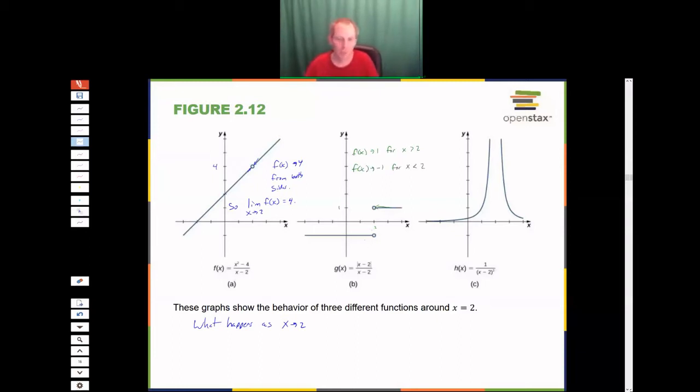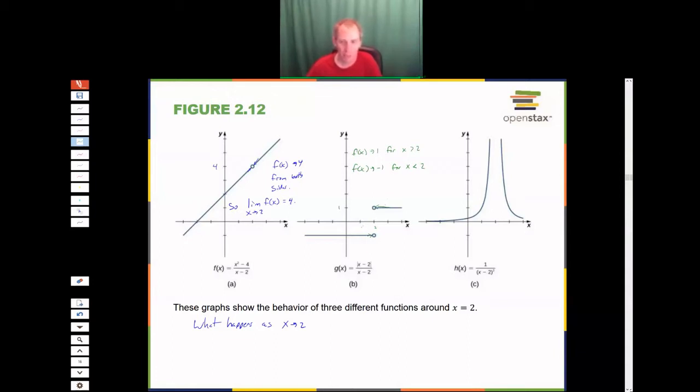Okay, so we say, well, that's a different situation. I can't say that my y values are getting closer and closer to 1 as x gets close to 2, because that's not really true, right? That's only true if I am very careful about my x values always being bigger than 2. So we have a different way to describe this.